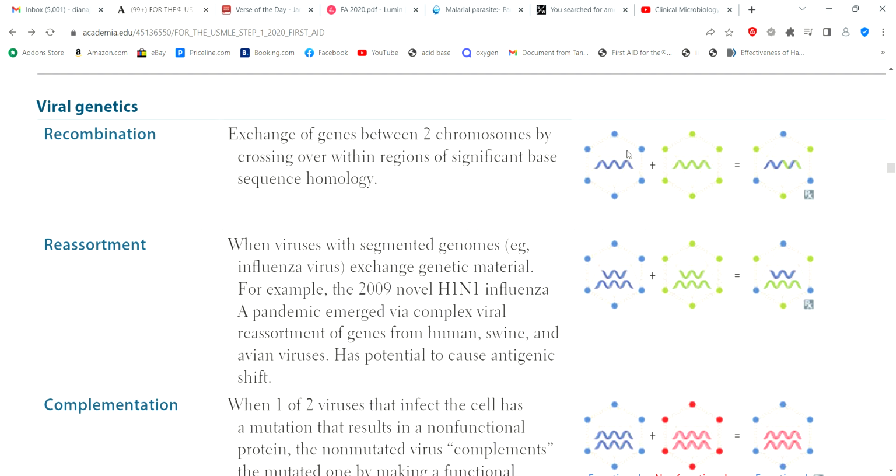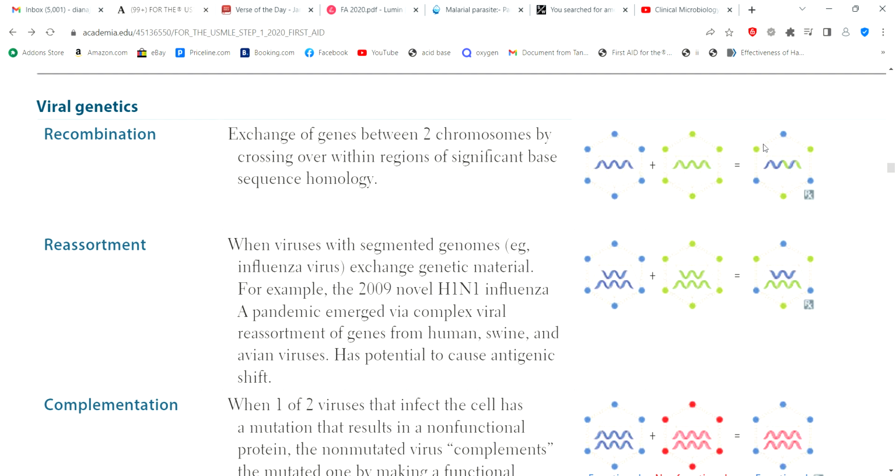So you have figure A and then figure B, which makes figure C. It's a mix of A and B. See, blue and green. So what this means is the mixing up of DNA and proteins to make a new progeny of viruses. A progeny is like a child. It's a love child of viruses. So that's what recombination is.